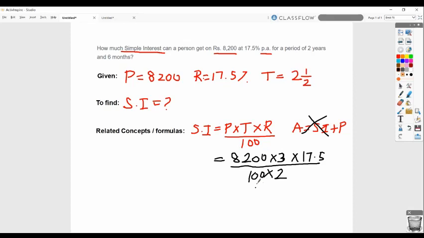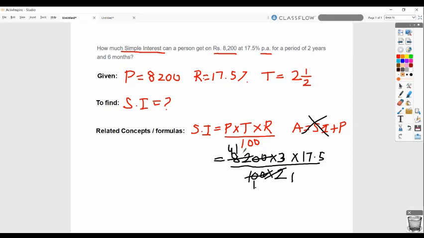I have always told you in my previous videos that we simplify before we multiply. We do not go direct to multiply. Taking the concept of simplify before we multiply, 100 times 1 is 100, and I'll retain 82. Then 82 divided by 2, that means 2 times 1, and this is 41.